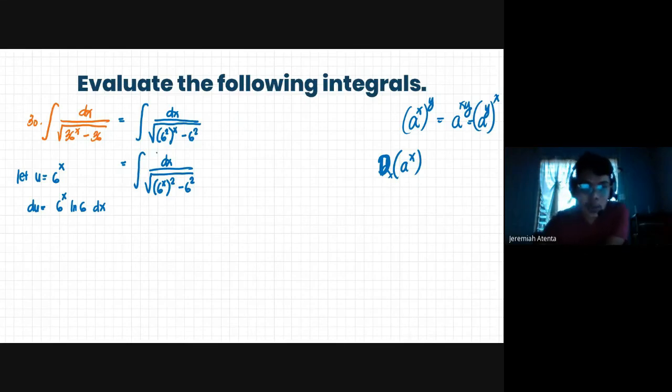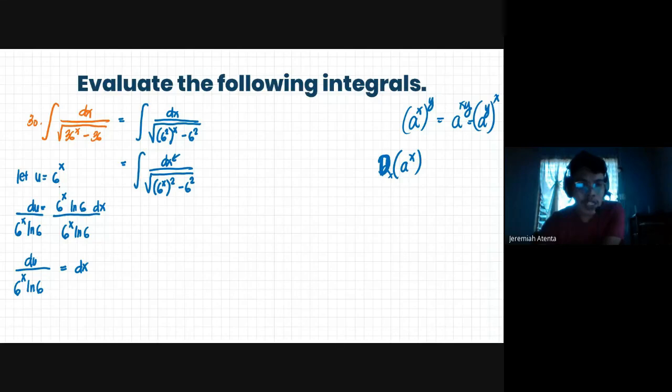Okay? Now, in this case, we only need dx. Wala nang iba. So, we will divide both sides by 6 raised to x ln 6. So, this will become du over 6 raised to the power of x ln 6, equal to dx. Now take note, 6 to the power of x is just u.